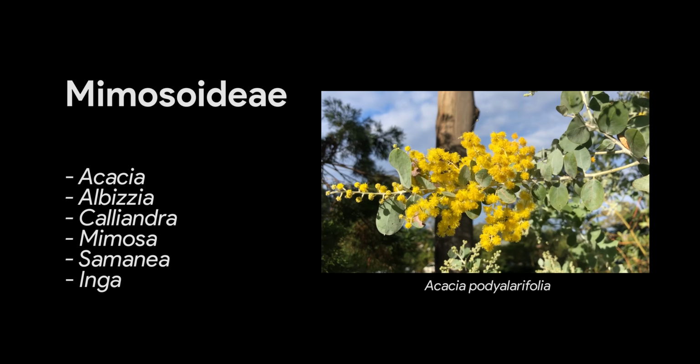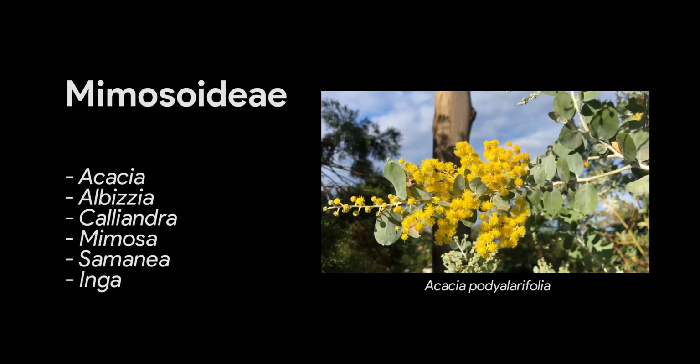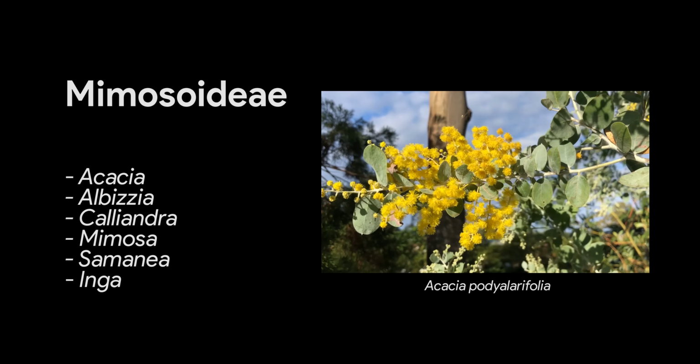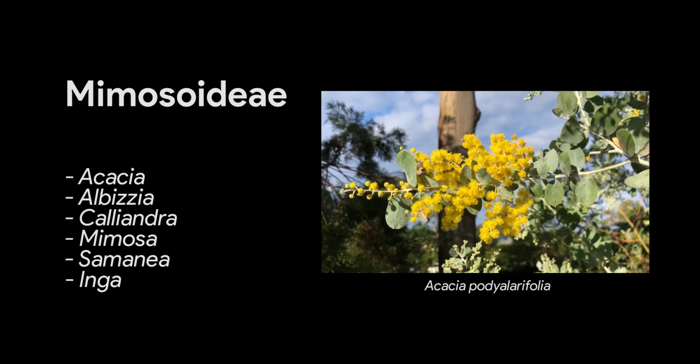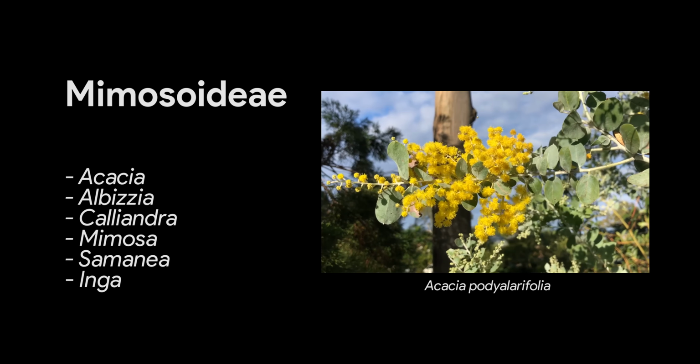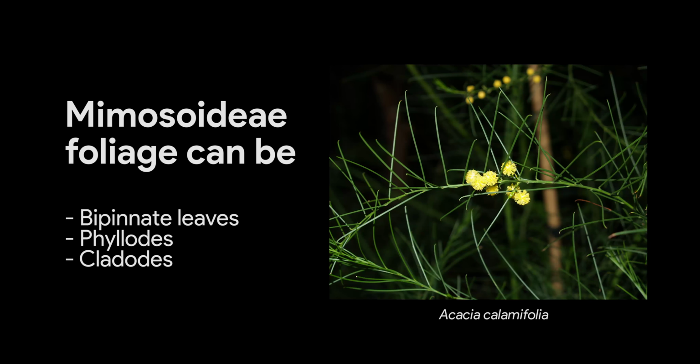Genera in the Mimosoideae include Acacia, Albizia, Calliandra, Mimosa, Samanea and Inga. Mimosoideae leaves are often bipinnate or modified to become a phyllode. Phyllodes, which are common in acacias, are a modified petiole or leaf stalk.